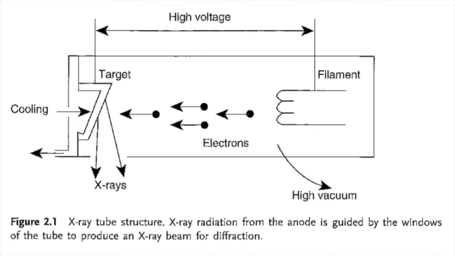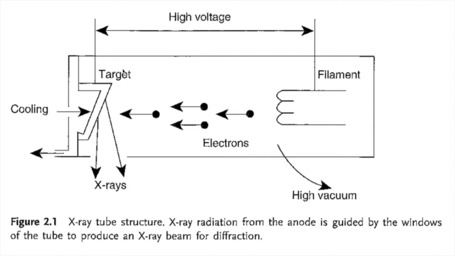And when that high voltage field is applied, the filament is heated, and electrons are emitted from the filament tip. So we have these electrons, and they are accelerated. So we have a voltage. So we have basically a charged region. So these electrons are accelerated at a metal target, which we also call the anode.